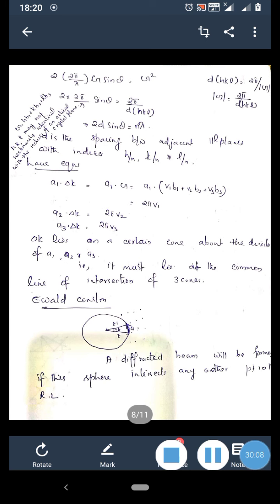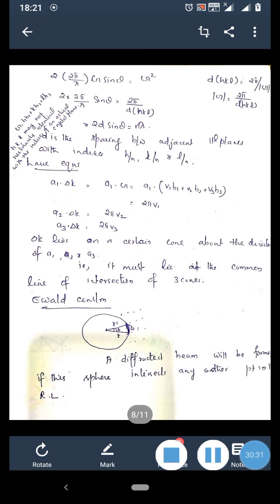These dots are the reciprocal lattice points. We draw k such that it terminates on a particular reciprocal lattice point. Then you can draw a sphere of radius 2 pi by lambda, or radius k, from that common center, and that circle is completed.